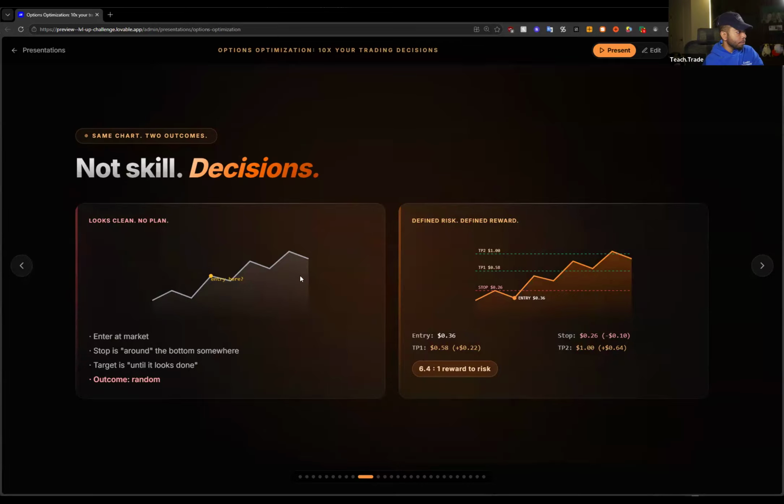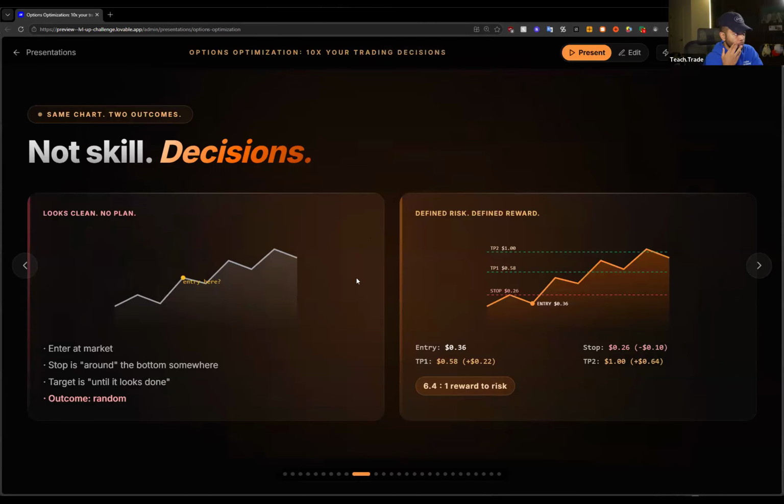This is essentially the same chart, if we just looked at the line chart on the screen for an options trade of sorts. On the left, we might have just some chart and we say, oh, the entry looks good, I guess I'm going to take an entry here.